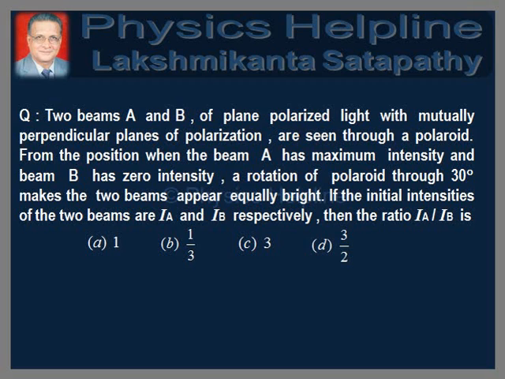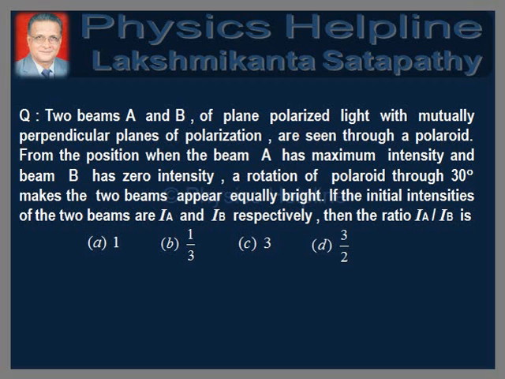Two beams A and B of plane polarized light with mutually perpendicular planes of polarization are seen through a Polaroid. From the position when the beam A has maximum intensity and beam B has zero intensity, a rotation of the Polaroid through 30 degrees makes the two beams appear equally bright.